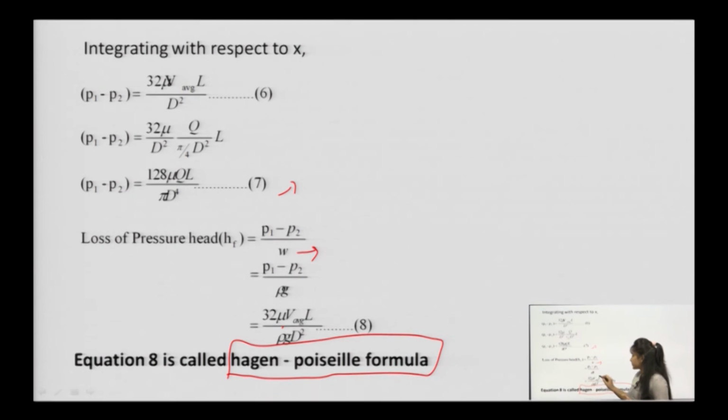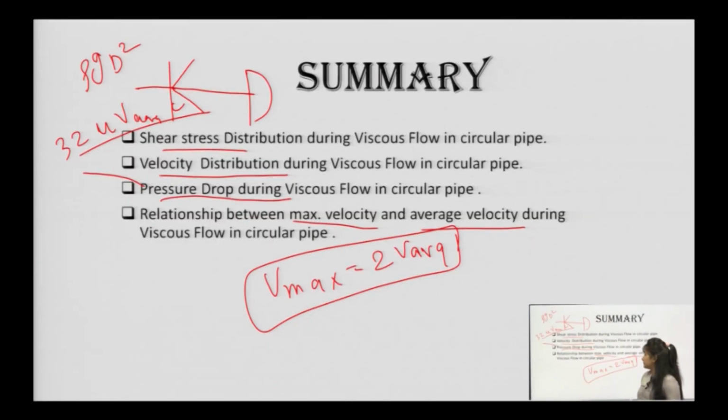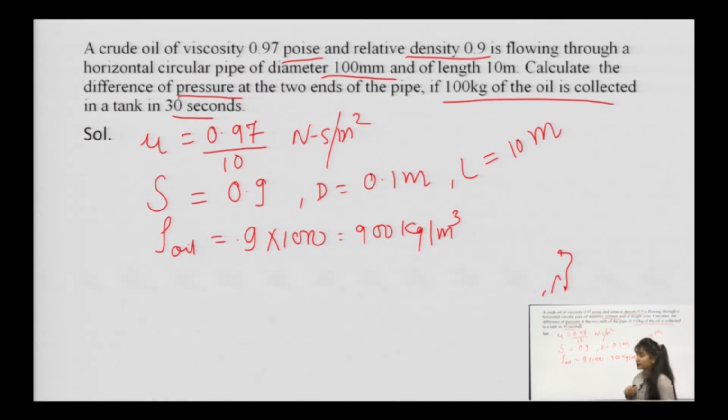The question is how to calculate this V average. For V average, mass per unit time is given: 100 kg per 30 seconds.